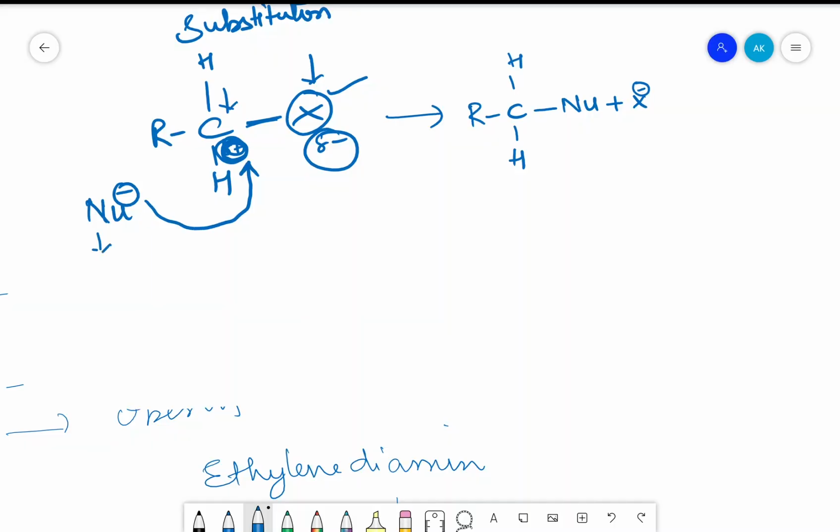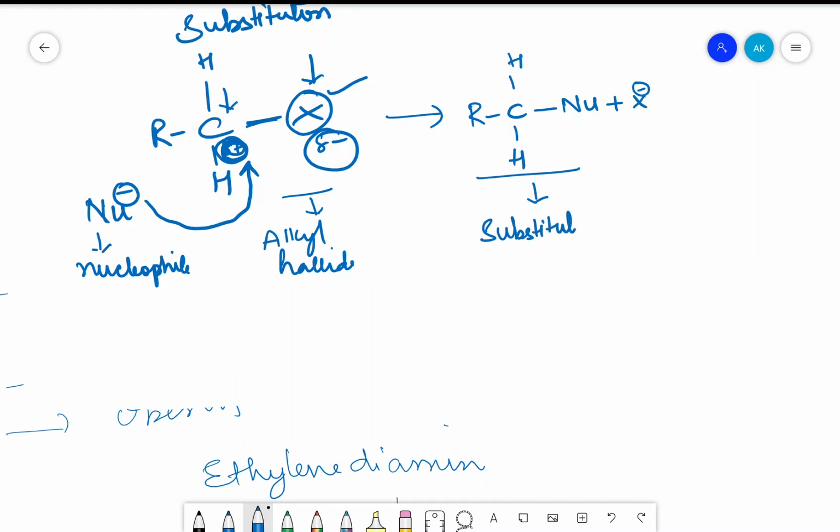So this is your nucleophile which is incoming. This is the alkyl halide. This is the substitution product. And this X or halogen is your leaving group. So something is incoming and something is leaving. The incoming is nucleophile, the outgoing is the halogen.